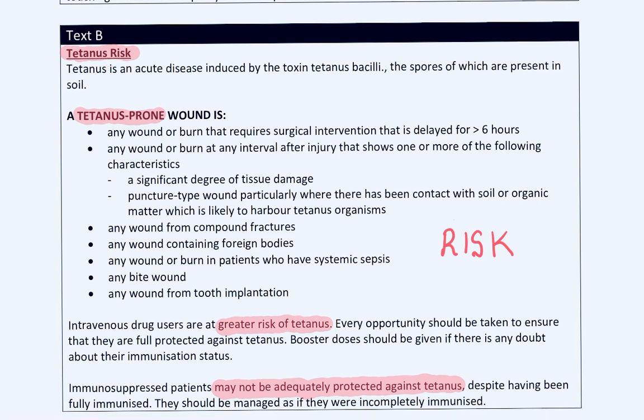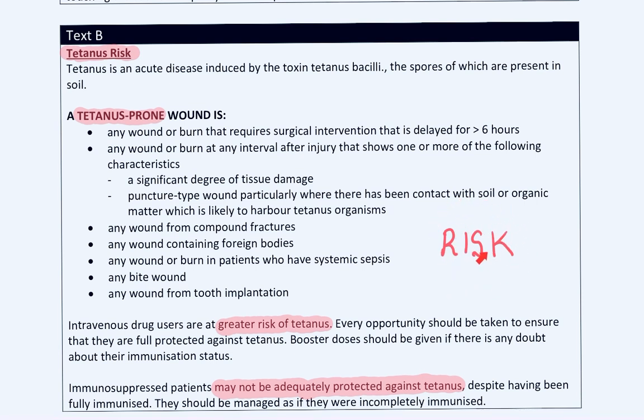We agree that it is more about rest because here we have tetanus prone. Prone means rest. We have greater risk of tetanus, so we are focusing on rest. We have may not be adequately protected against tetanus, so we are still focusing on rest. Therefore, we name this text B as rest.